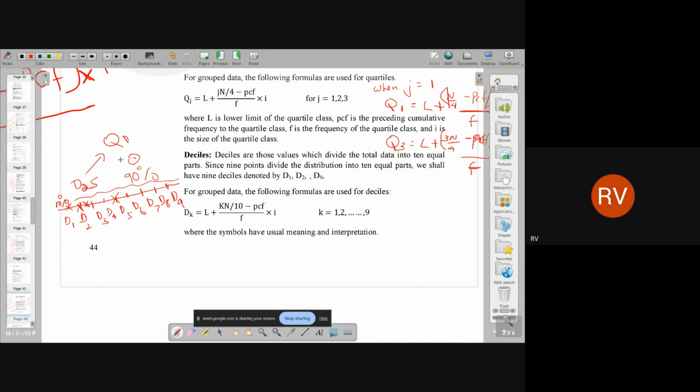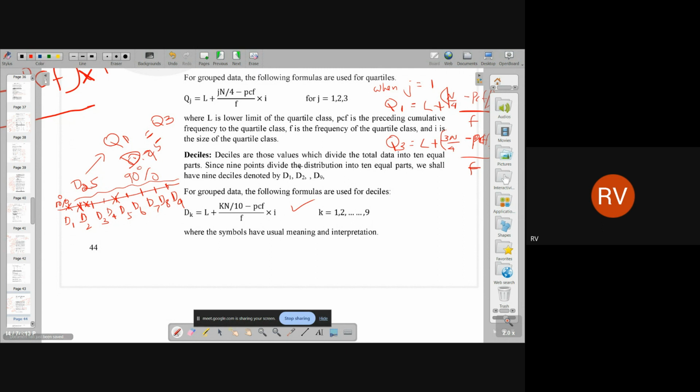D75 is Q3. The formula for finding a decile is Dk equal to L plus (kn by 10 minus PCF) by f into I, where k is 1 to 9. This is the formula for finding deciles, which is also very similar to computing the median.